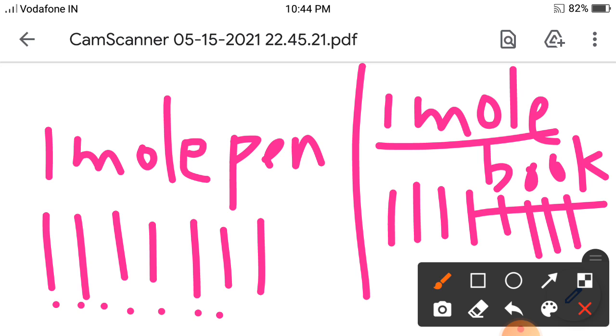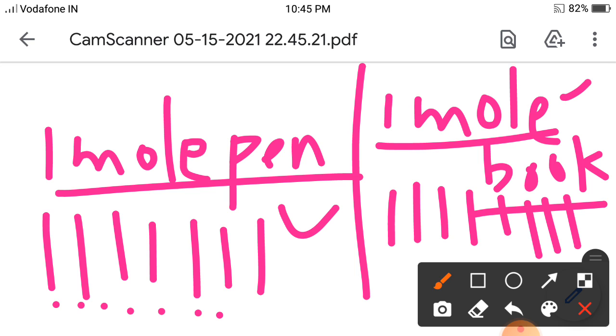Then 1 mole of pens and 1 mole of books contain an equal number of particles, 6.022 into 10 raised to 23 books and pens.